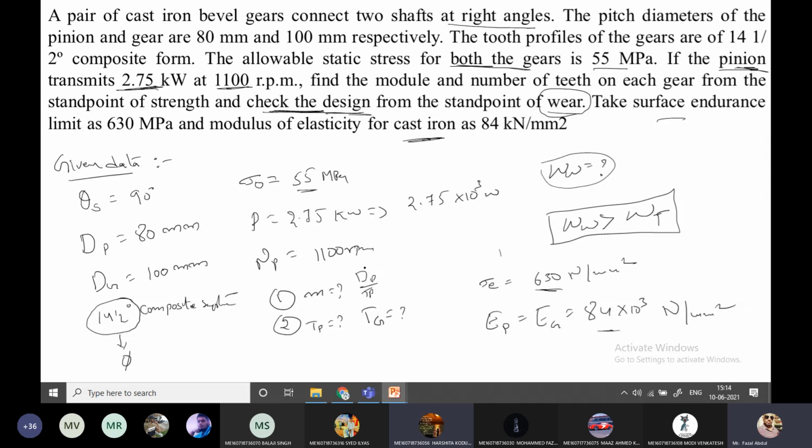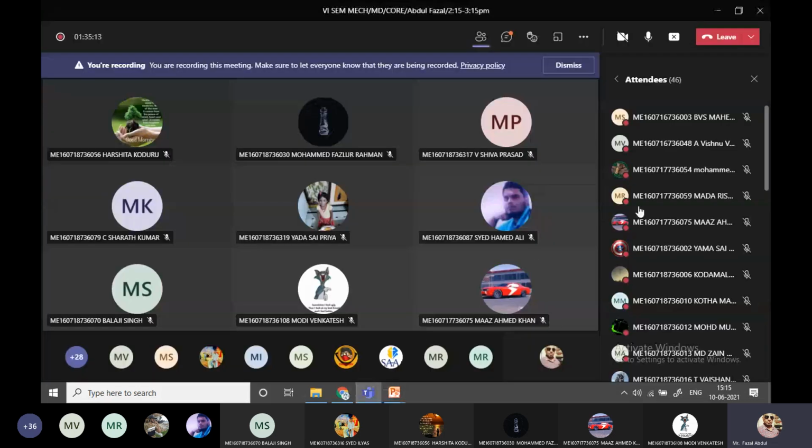Okay, this is one equation, but it is not suitable for this particular question. So here we have to use the Lewis equation, Babu. This one I am giving you as homework.